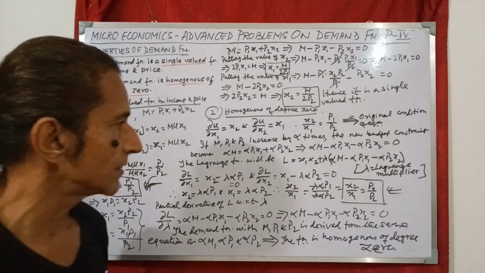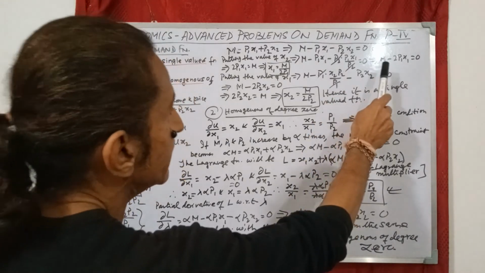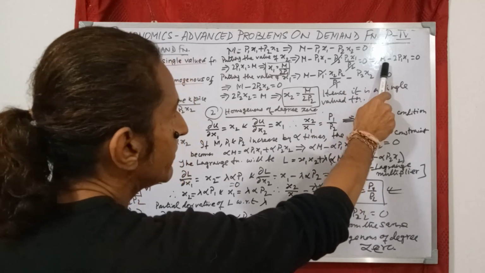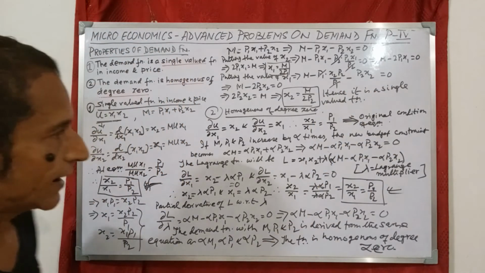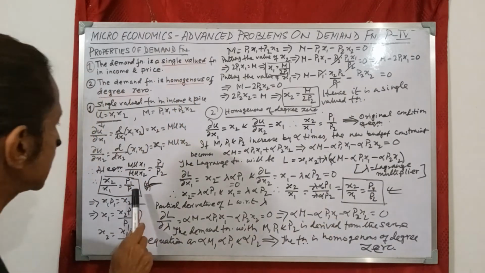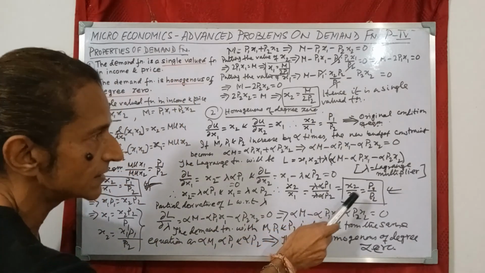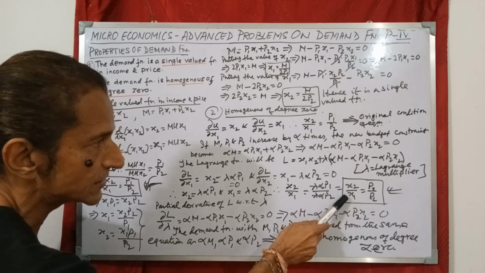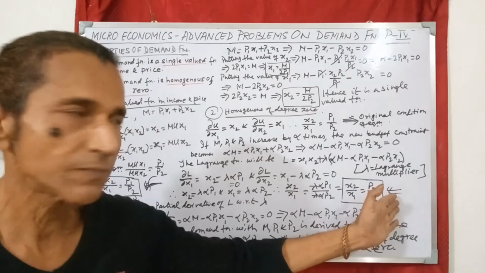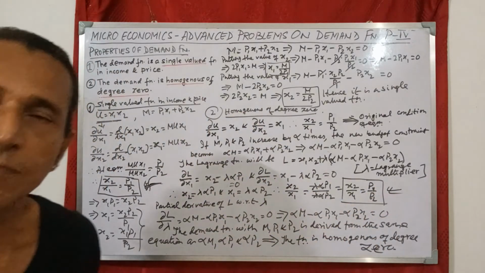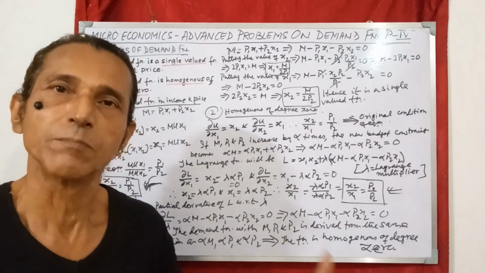Hence, it was the original budget constraint, and this is the new budget constraint. And we have already seen that we have derived the new equilibrium condition. That is, we have reached the equilibrium condition of the consumer with the changed prices and changed money income of the consumer.